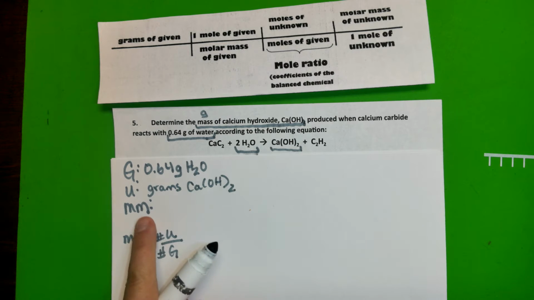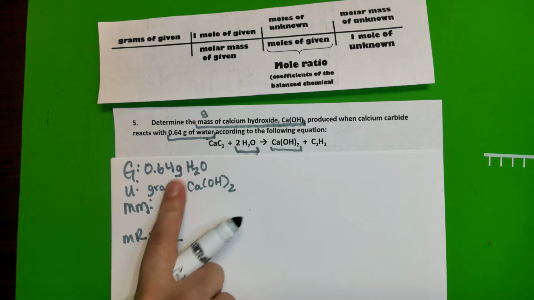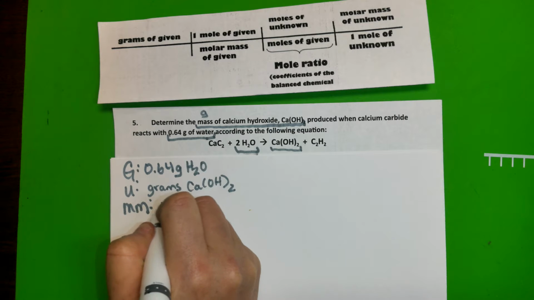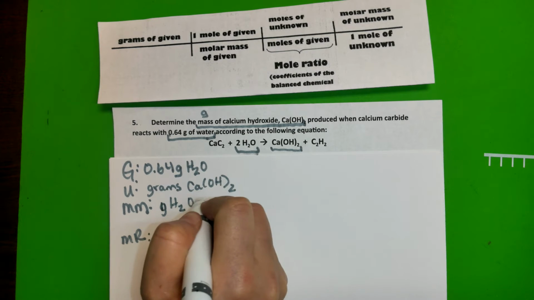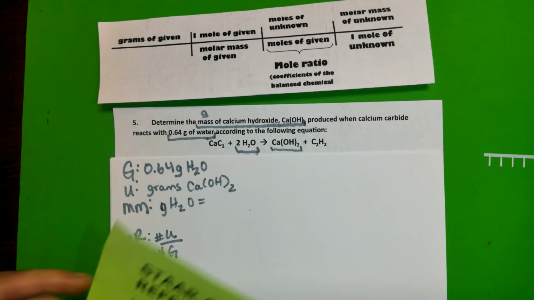Now let's look at the molar mass. The molar mass is going to be based on whichever of your given and unknown has grams. If you look at both of them, they both have grams, so you have to get the molar mass of each one. For H2O, let's look at the periodic table.